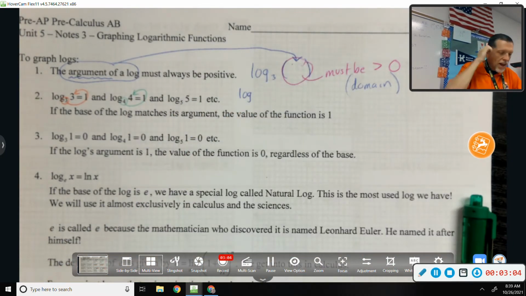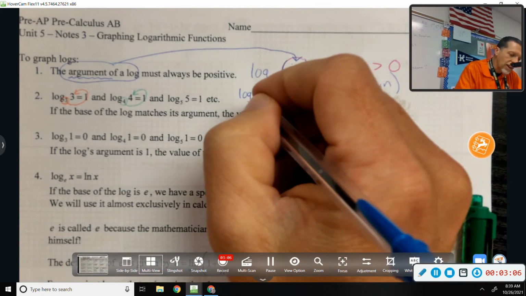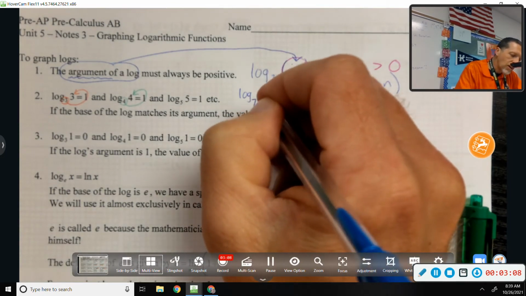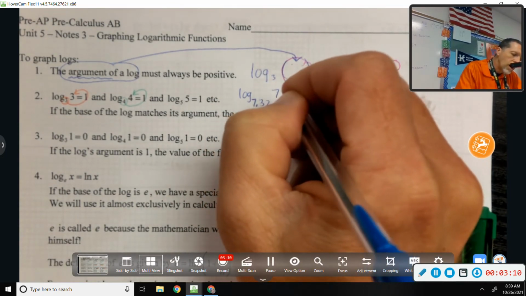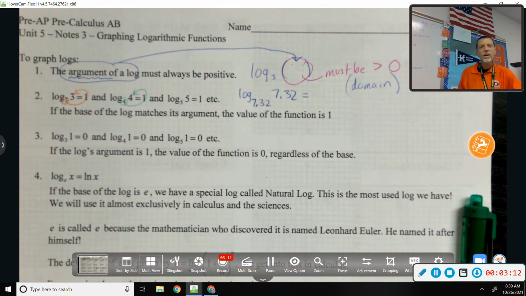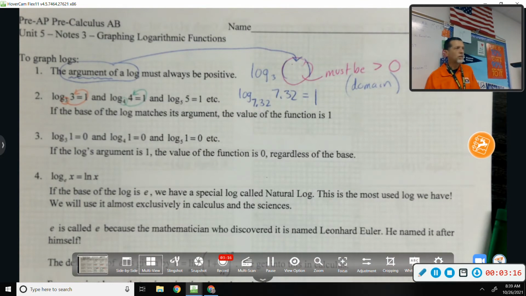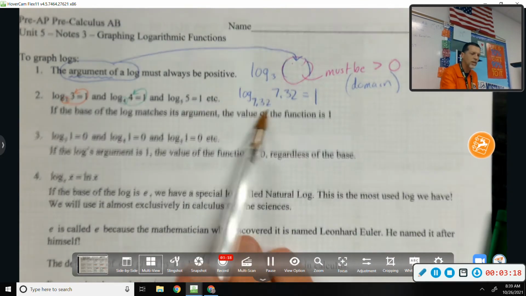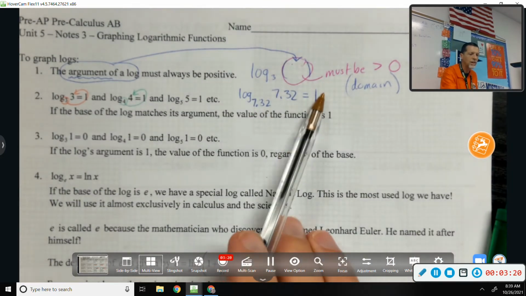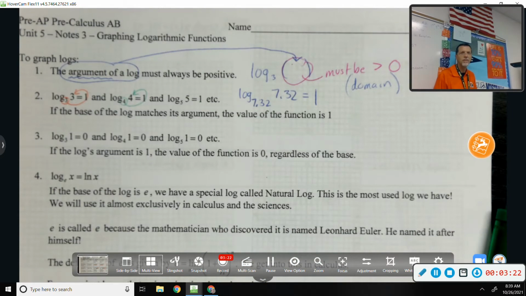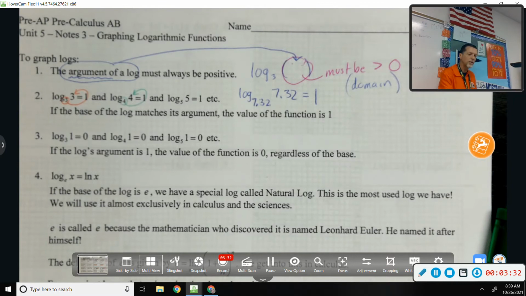And so let's say I ask you a really hard question like the log base 7.32 of 7.32. That would be 1. It looks really weird, but that just means 7.32 to the 1 equals 7.32. So we're kind of building up to be able to use this when we graph.